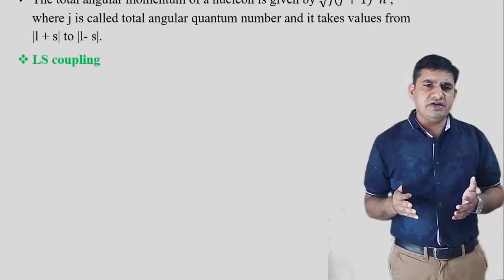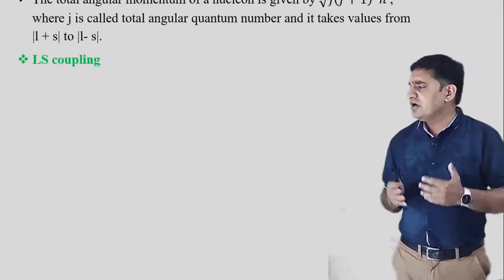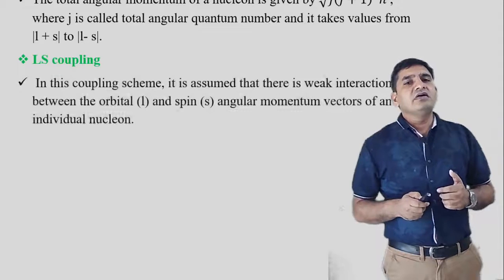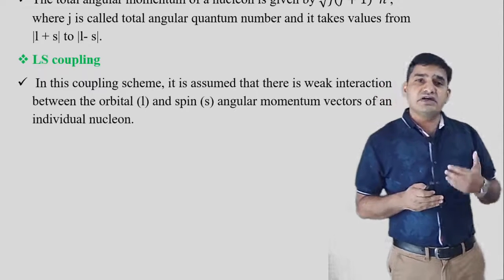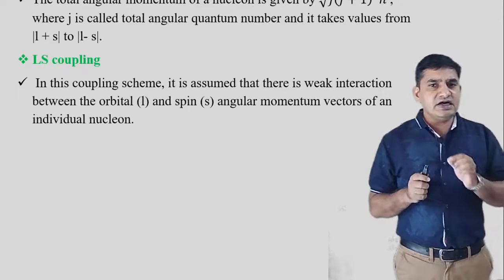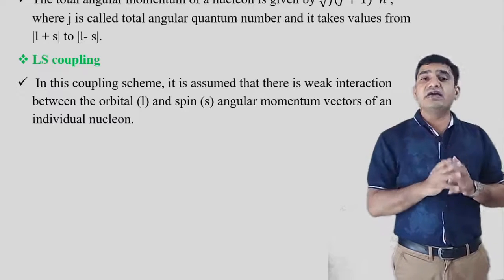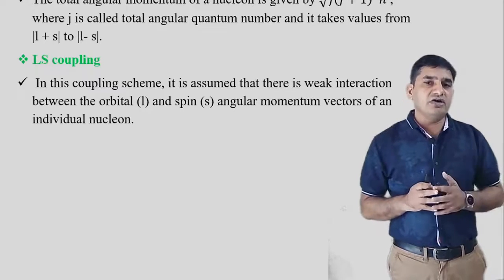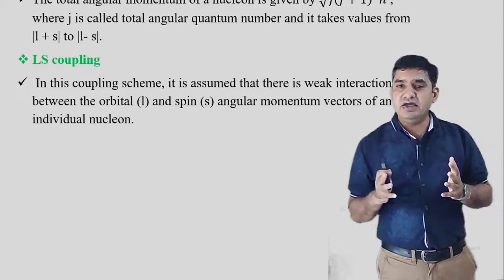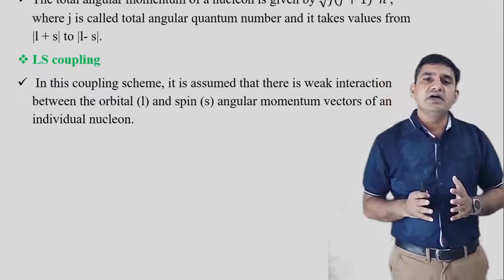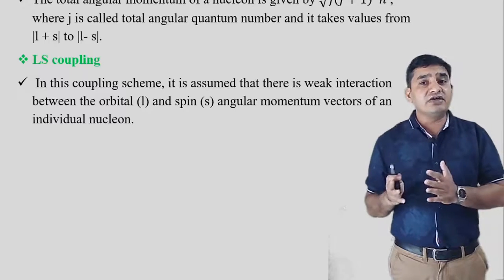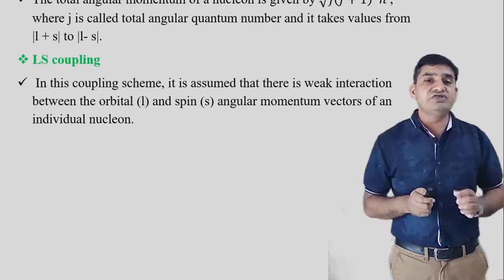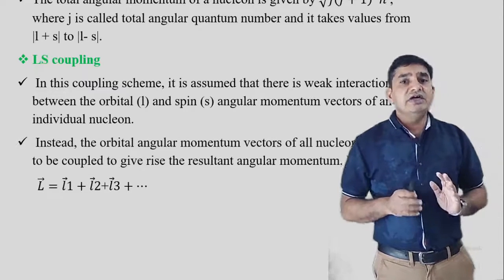Now there is LS coupling and also there is JJ coupling. In this coupling scheme, it assumes that there is a weak interaction between the orbital quantum number l and the spin quantum number s, the angular momentum vectors of the individual nucleons.